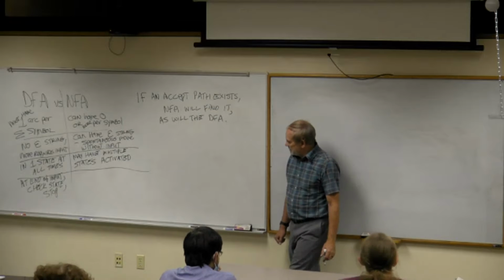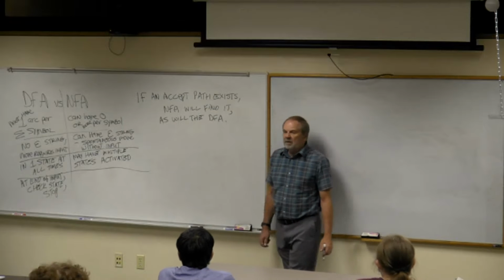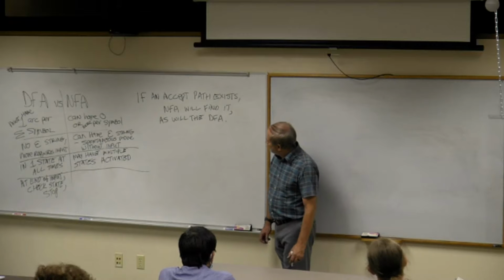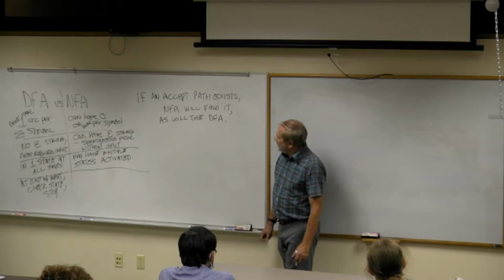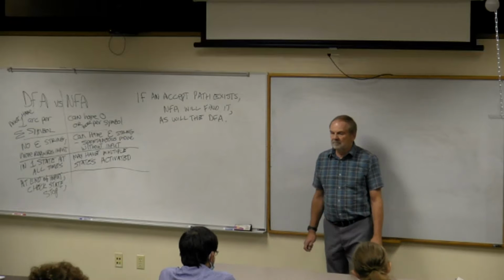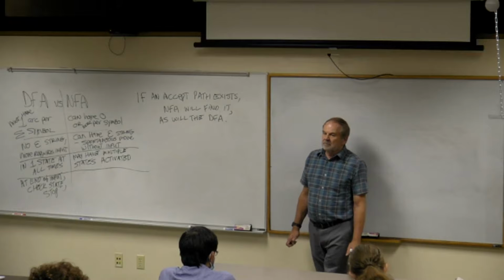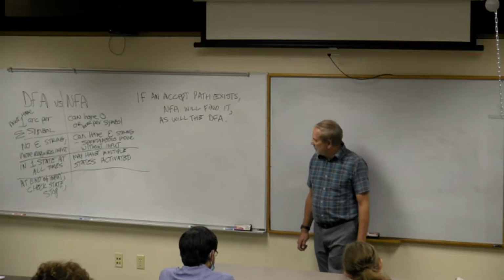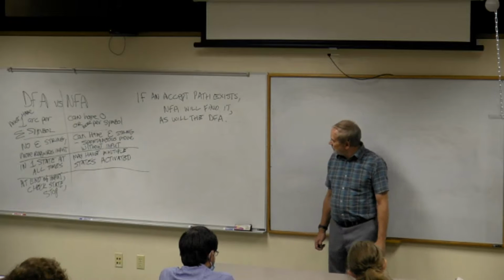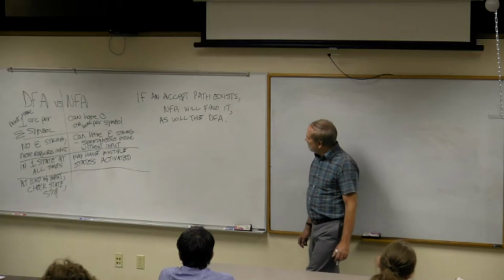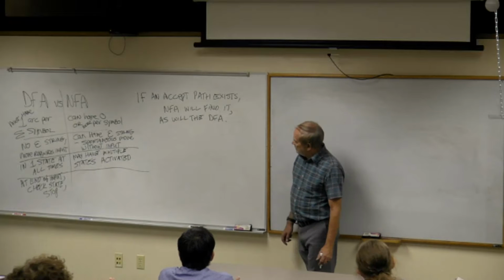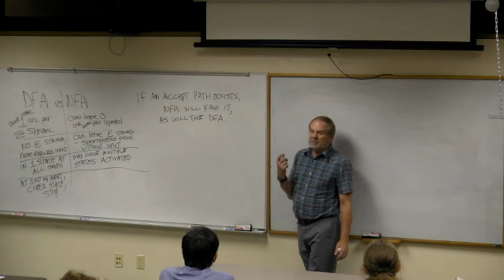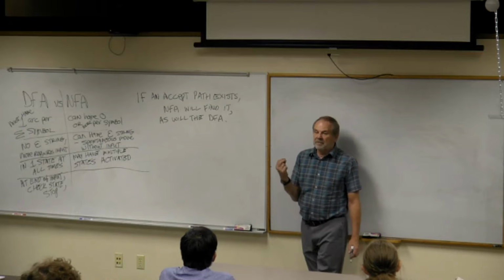Checking the state means figuring out whether you accept it or not. What about the NFA? What does the NFA have to do? There is a condition. It is possible for the NFA to stop without using up the input.